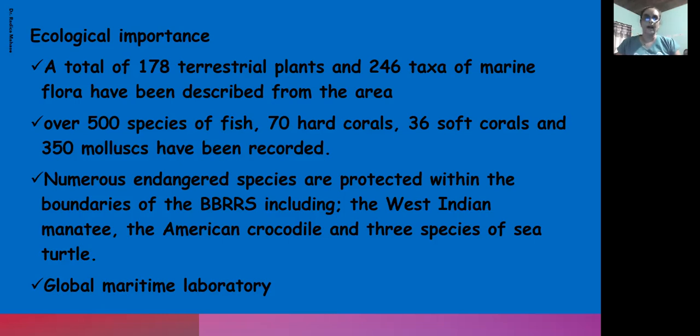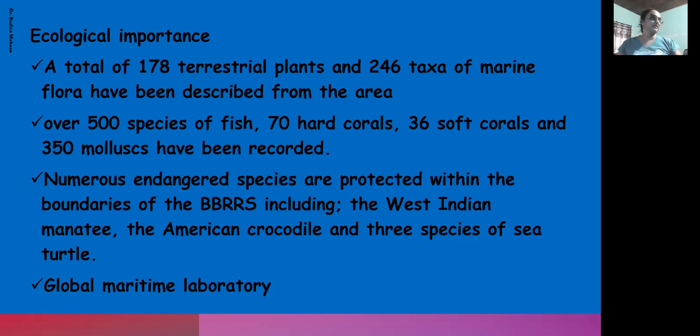The Belize Barrier Reef has a total of 178 different types of plants, over 500 species of fishes. Okay, 70 different types of hard corals and 36 different types of soft corals. So it is a very significant coral reef system.